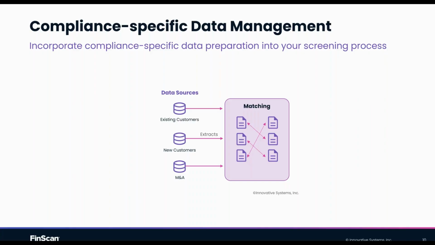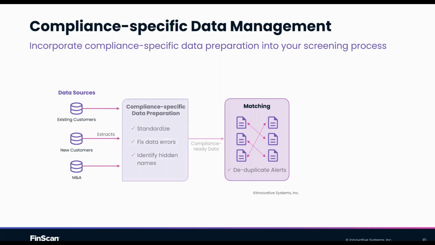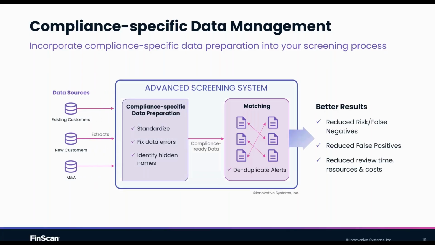But of course, we've already seen that can cause big problems. Maybe you don't have enough data in there. Maybe that data is poorly formatted, poorly managed, and you're putting it into a sort of generic matching algorithm. Of course, going forward, is it not the best practice to then say, let's put some compliance-specific data preparation in front of that process?